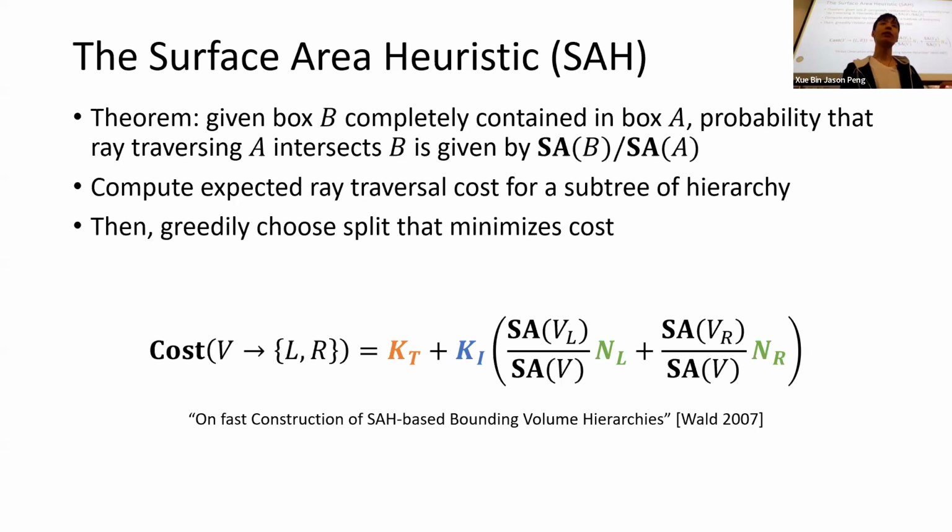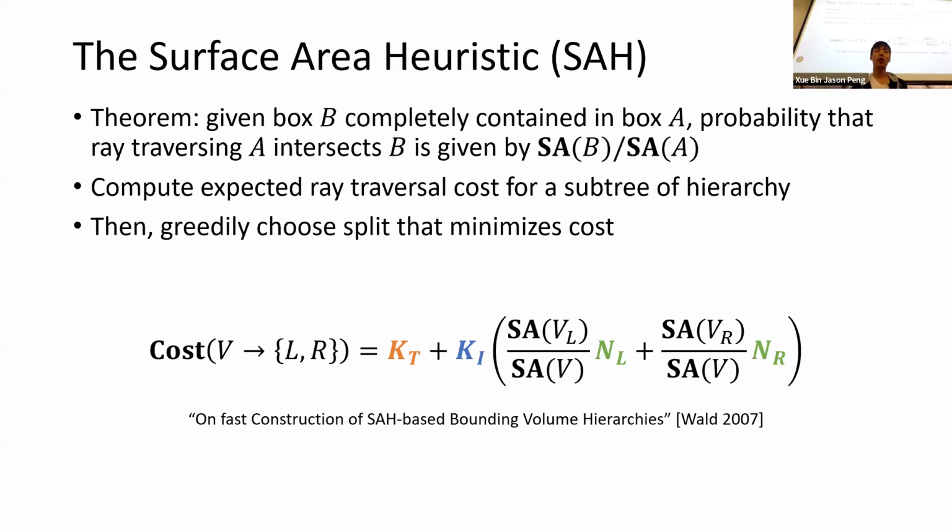And then for each one of those candidate partitions, we are going to evaluate the cost according to this cost function. Once we have the cost for every single partition, we will just pick the partition with the minimum cost. So we just pick the best partition according to this cost, and then we apply the cost function recursively to split the children into smaller and smaller volumes.